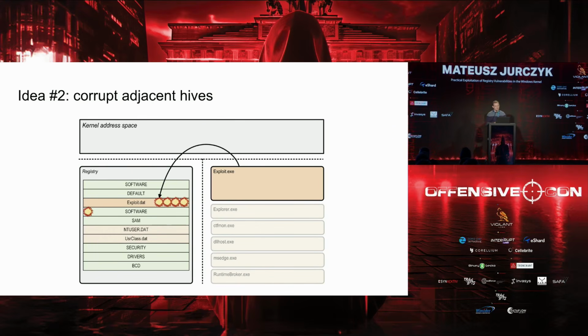Another idea would be to take advantage of the fact that in the user space of the registry process, you have mappings of different hives mapped basically next to each other without any gaps in between.